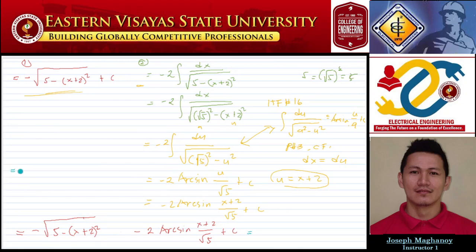So that is minus square root of our original form, 1 minus 4x minus x squared, minus 2 arc sine x plus 2 over square root of 5 plus our c, our arbitrary constant.